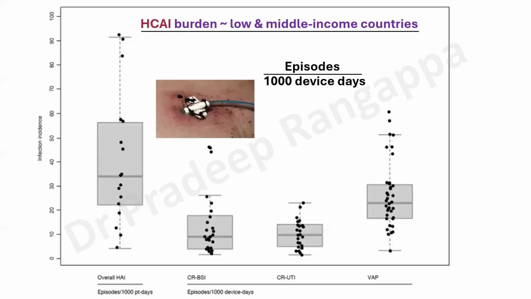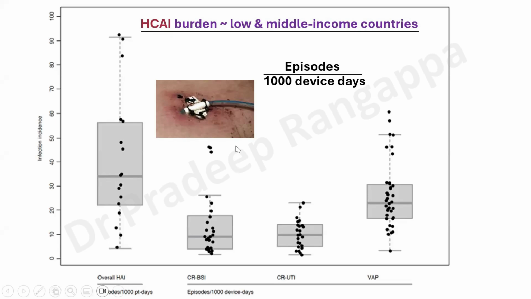That's the summary. If you look at the middle income countries, these are reported as all the healthcare associated infections, whether CRBSI, UTI or VAP. This is the CRBSI, this is the catheter related UTI and this is the VAP. All of these are expressed per 1,000 device days as a standard benchmark.